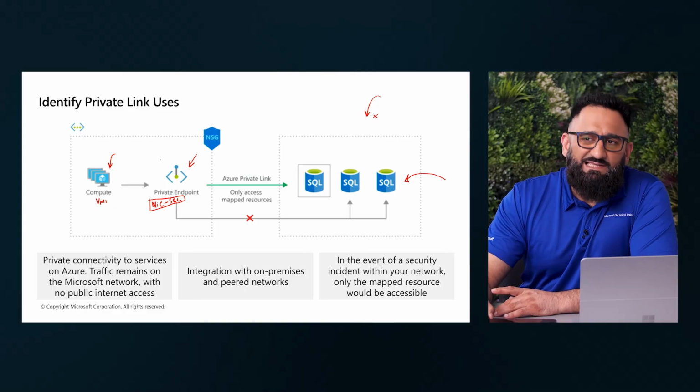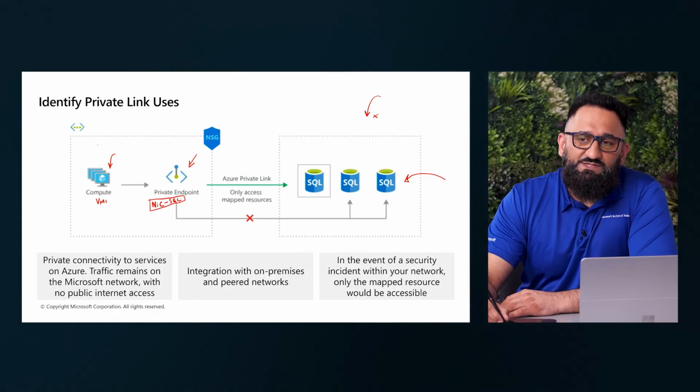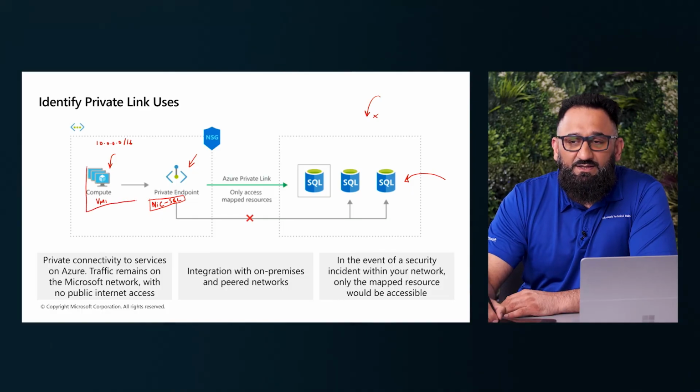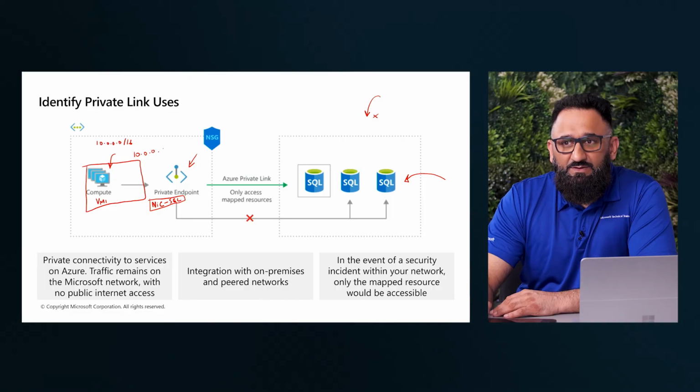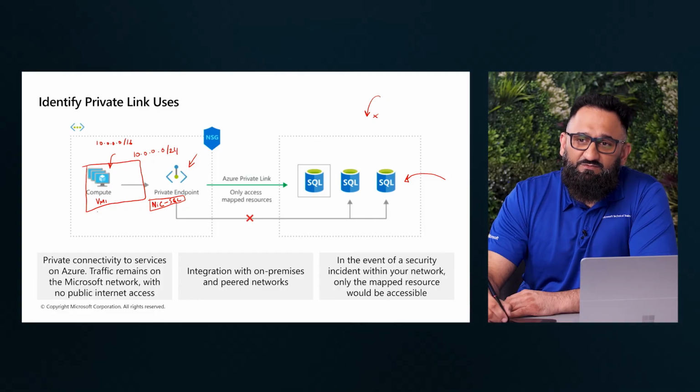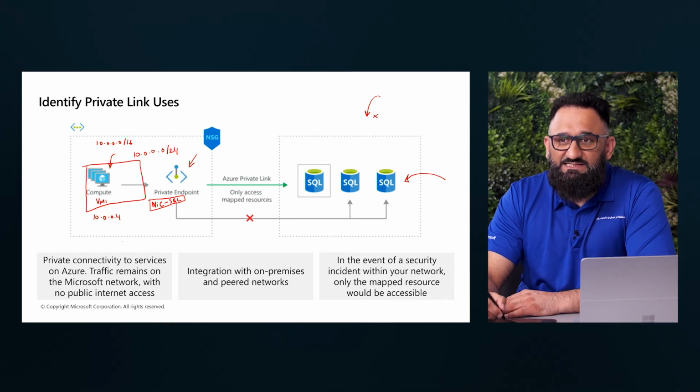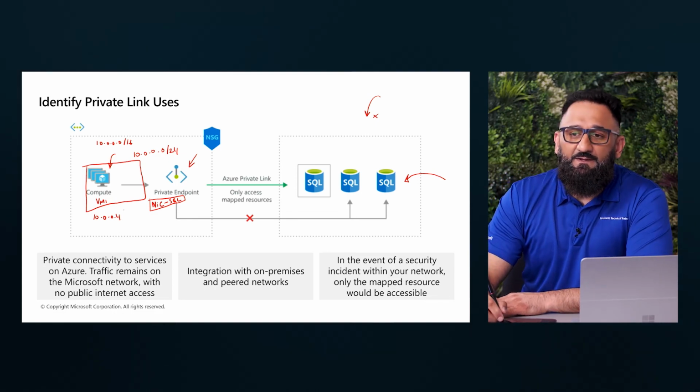In doing so, let's assume my network range for this was 10.0.0.0/16, and the subnet that this resource sits under is 10.0.0.0/24, and the virtual machine that we have working in here would typically be 10.0.0.4, and that's my resource that we are working with.